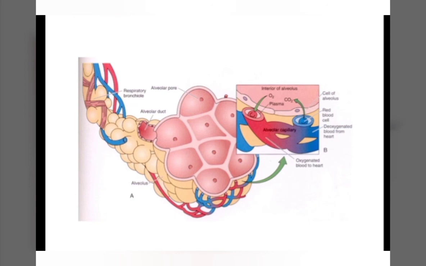Then venules originating from this network run in the interlobular connective tissue. At the apices of the lobules, the venules join to form small veins which accompany the branches of the pulmonary artery along the bronchial tree. Finally, the pulmonary veins are formed at the hilum of the lung, through which the oxygenated blood returns to the heart.